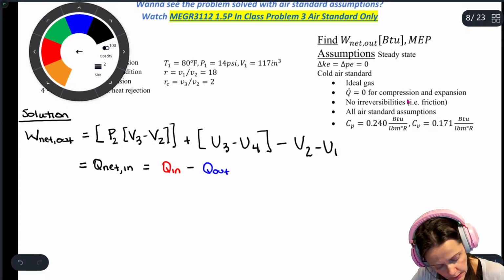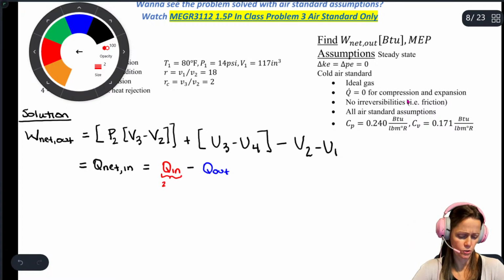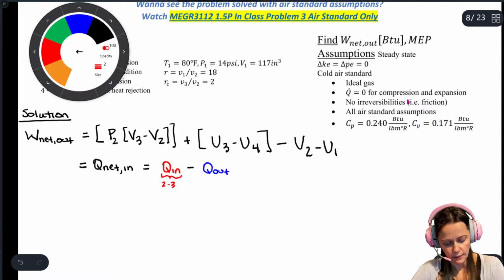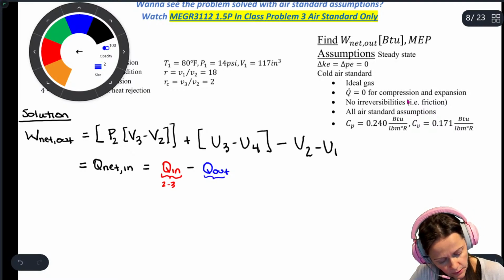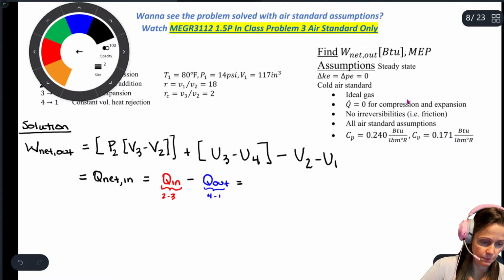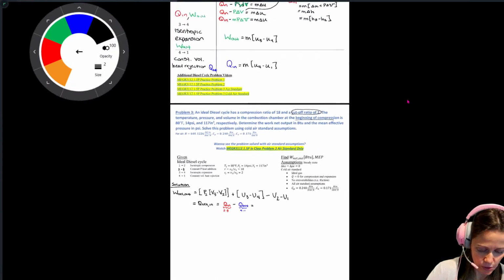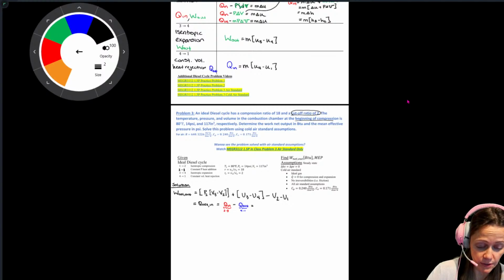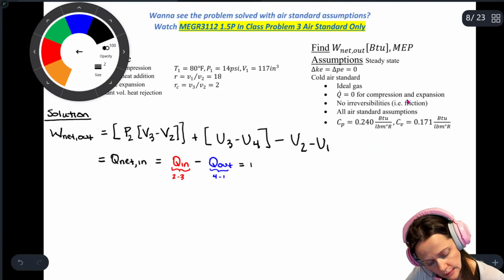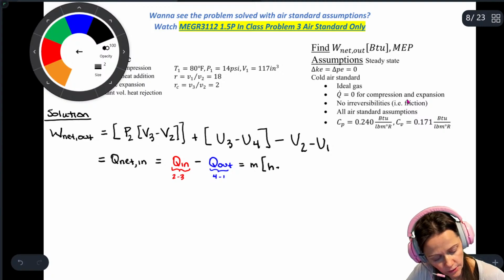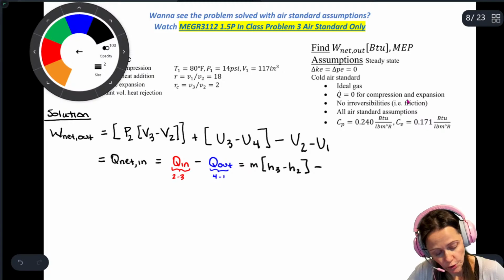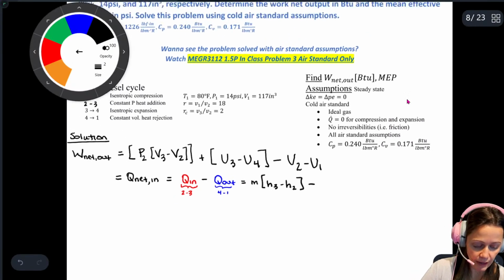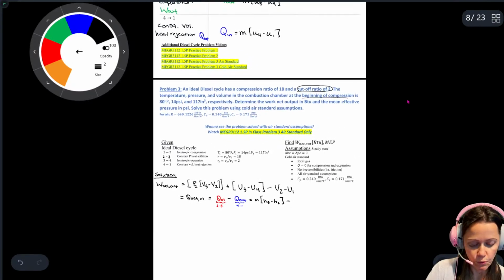So the Q in is from 2 to 3, and the Q out is from 4 to 1. And we have those defined up there. So your Q in is m delta H, so m times H3 minus H2. And then your Q out is from 4 to 1, and you have that defined as well. So it's U4 minus U1.